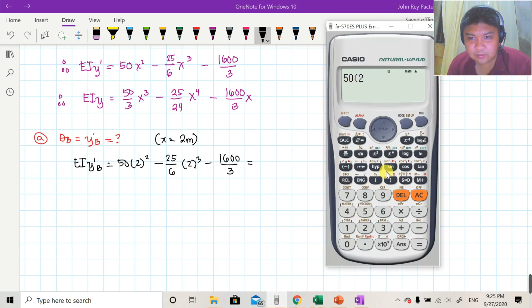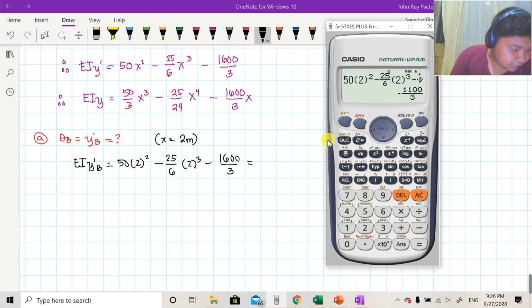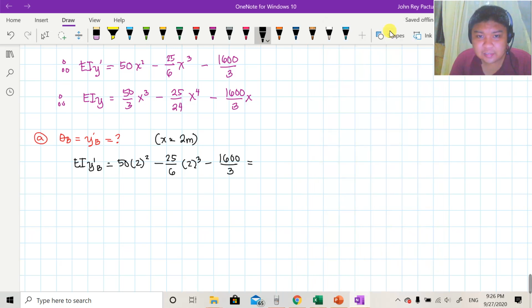50 times 2 squared minus 25 over 6 times 2 cube then minus 1,600 over 3. So, ang sagot natin dito class ay negative 1,100 over 3. Okay? So, lagay natin negative 1,100 over 3.